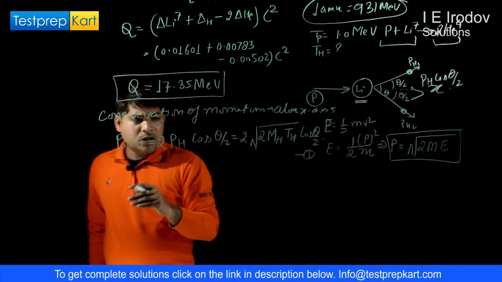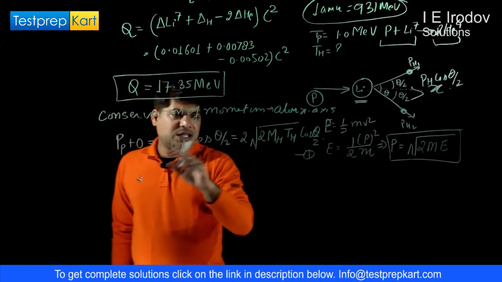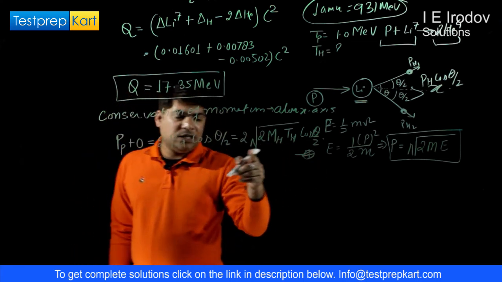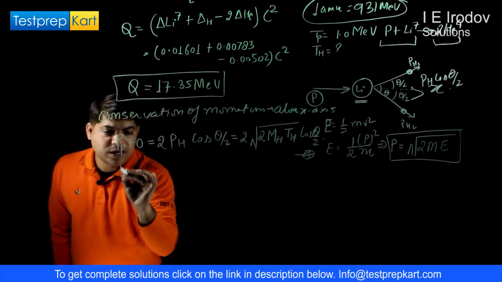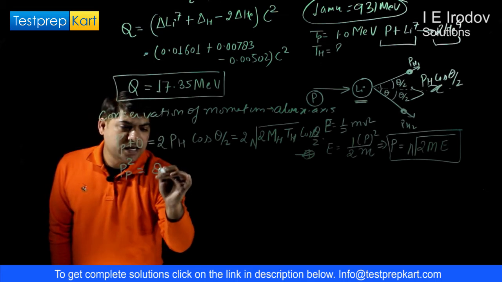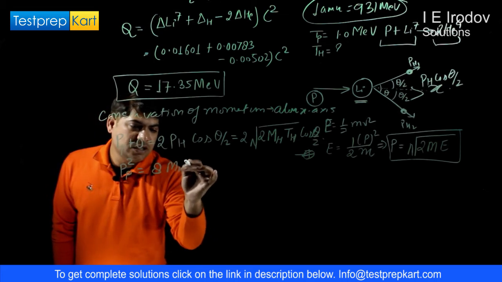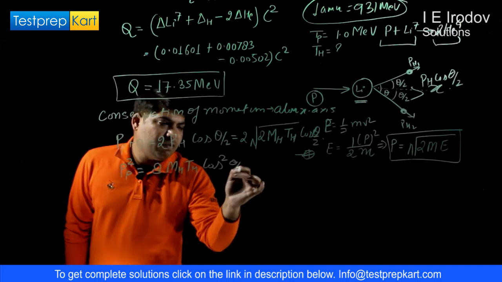Or we can calculate the value of pH in terms of P, then finalize this equation. We can square both sides, so we get P square equals 8 mH into TH into cos square theta by 2.